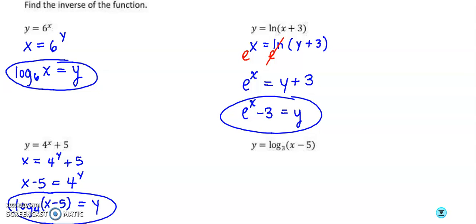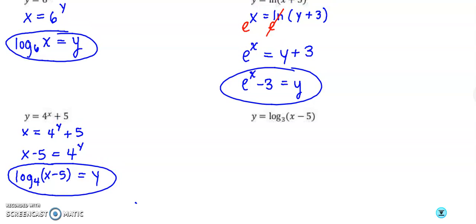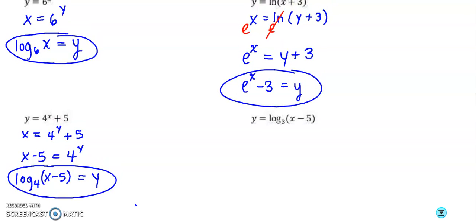All right, let's try the next problem right below. Y equals log base 3 of x minus 5. Very similar to the one we did above with the natural log, just this time, instead of e on both sides, we have to use the number that's at the base of the log already. So we're going to apply a base of 3, but first we do have to switch the x and the y.